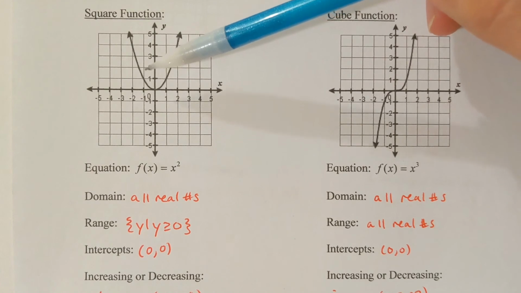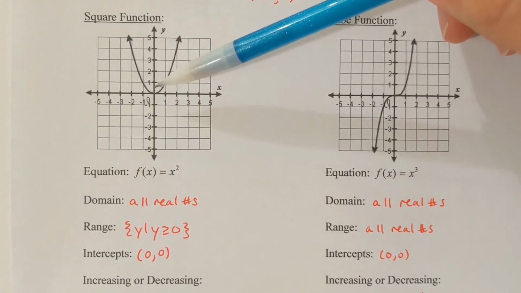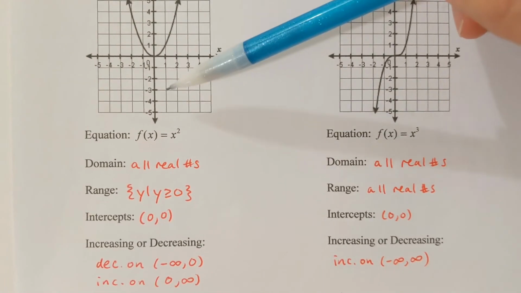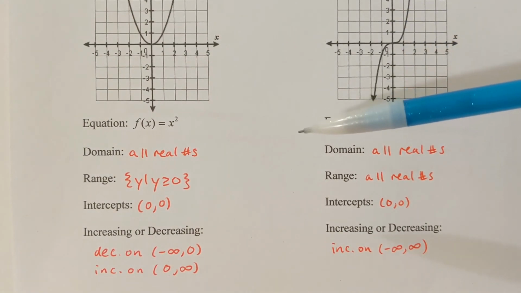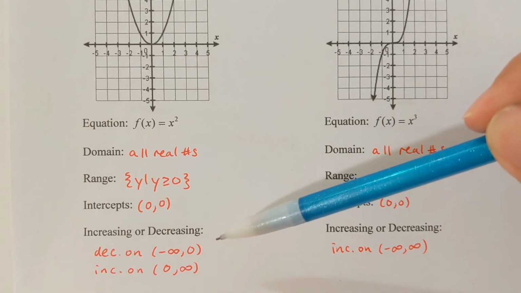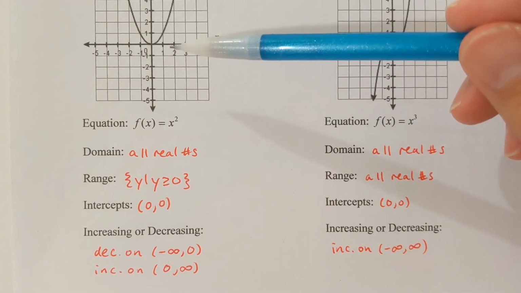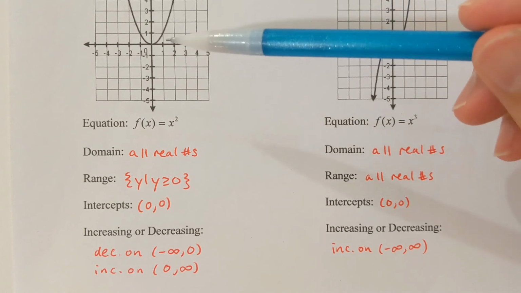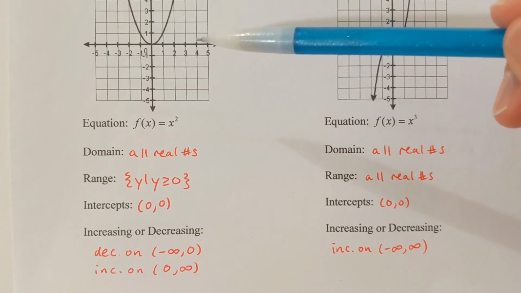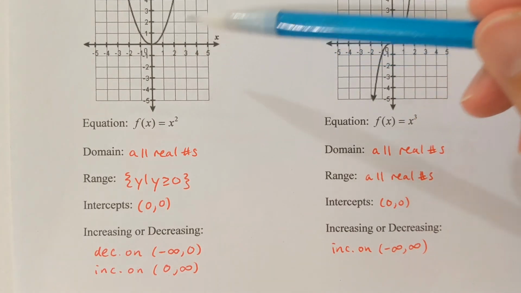Okay, so at (0, 0), and by the way, your open intervals are not including 0, at (0, 0) you're constant on the graph. Okay, so at that single point, if you draw a tangent line, that would be a horizontal line.